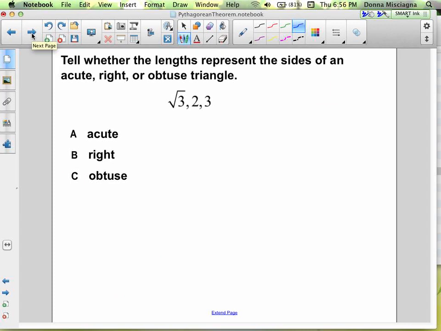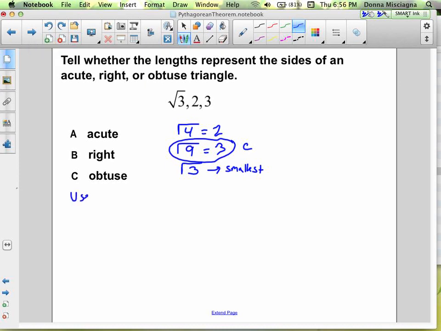I know that the square root of 4 equals 2, and the square root of 9 equals 3. Therefore, the square root of 3 is the smallest side. So you don't have to worry about him. This, of course, is the largest side. That's our C.